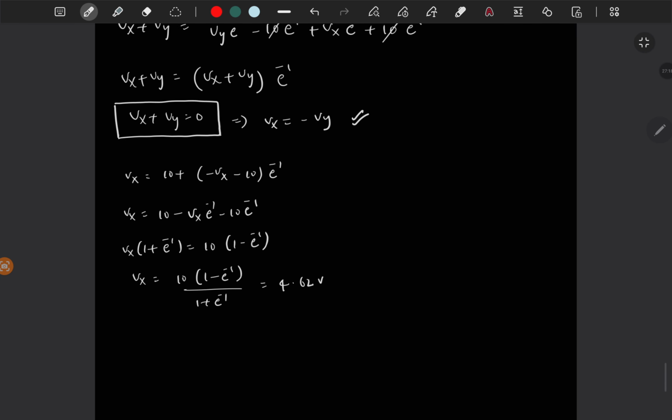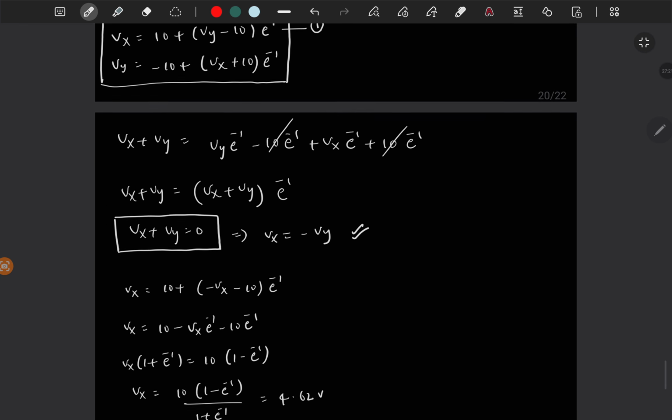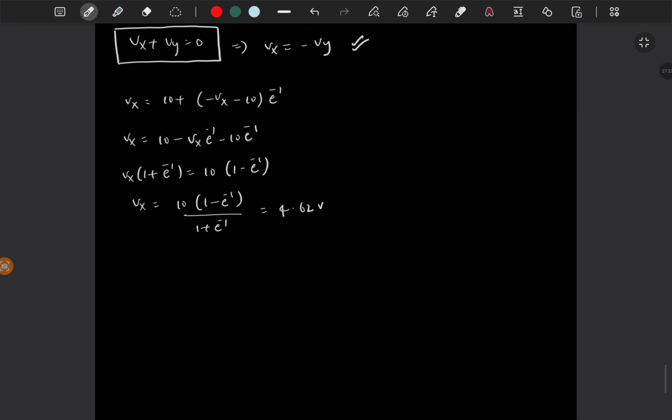So it is charging to 4.62 and it is discharging to minus 4.62.